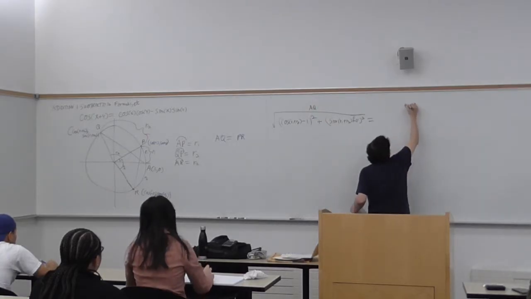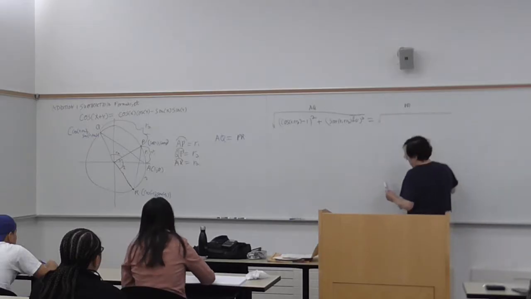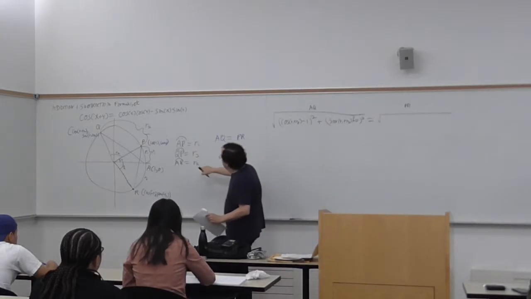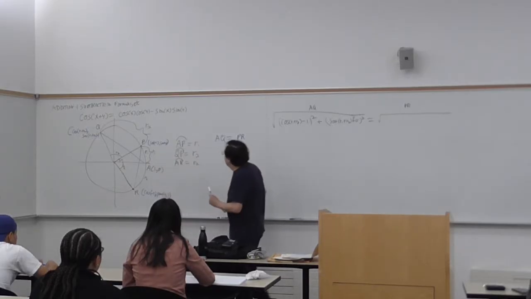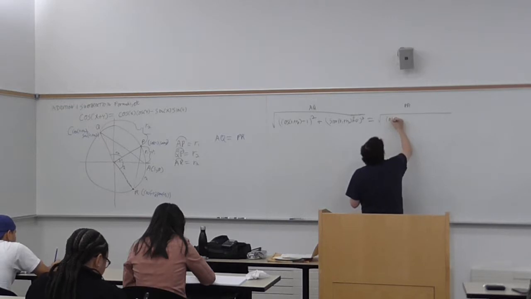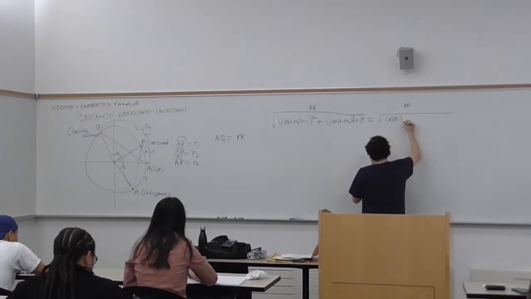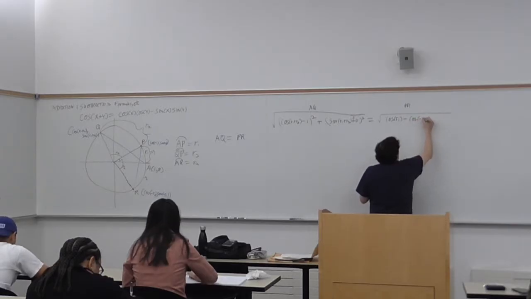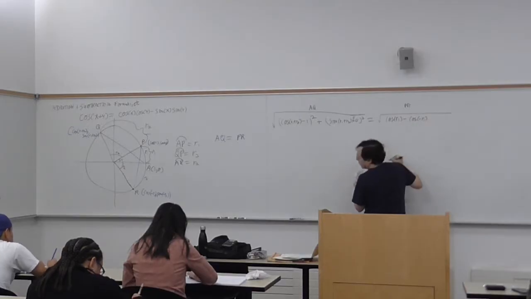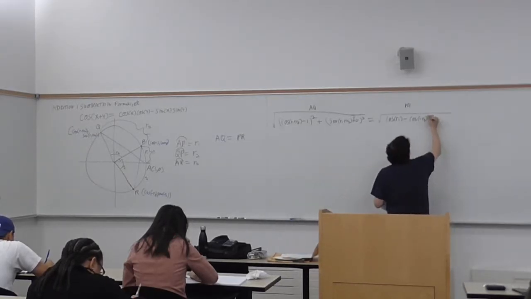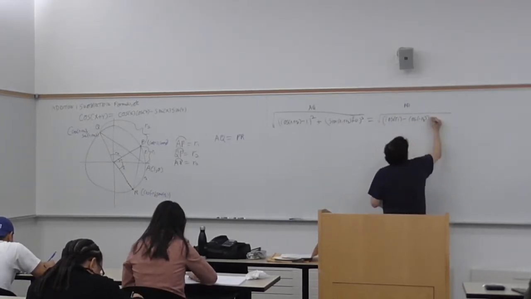And PR, that's going to be what? Well, okay, these are the coordinates here and here. So we have the cosine of r1 minus cosine of negative r2, that's squared.